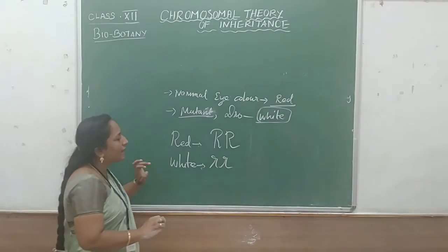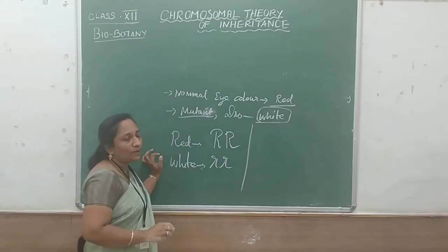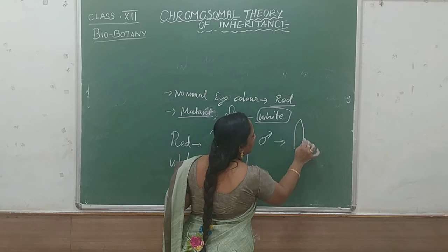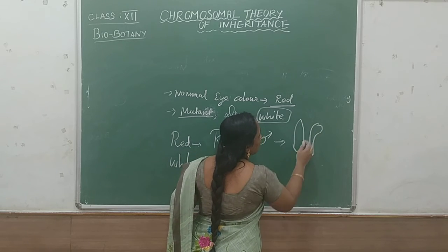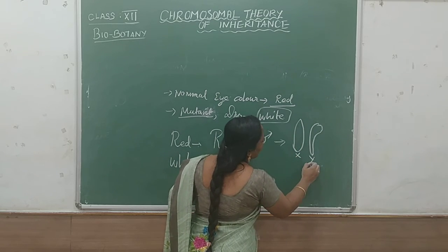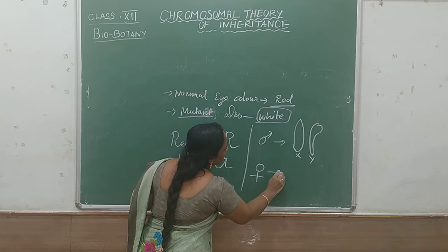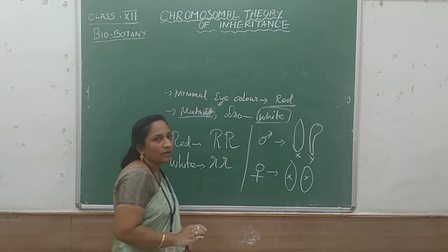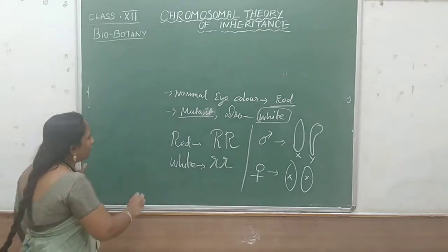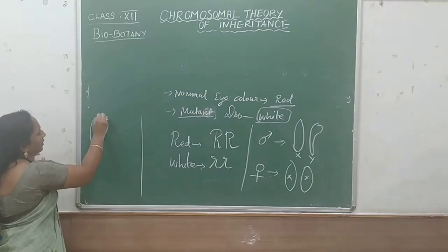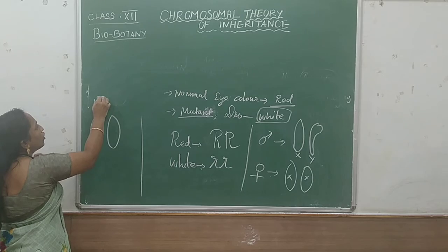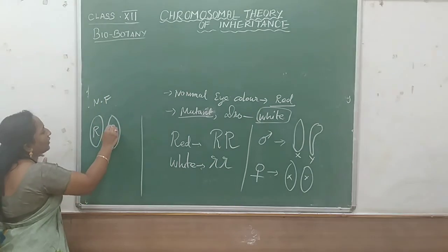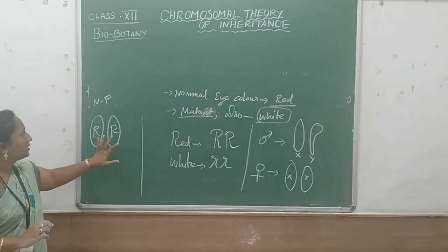Understood, children? And the sex chromosomes will be expressed. Already I told you, male will be expressed with one X chromosome and one Y chromosome, and female with 2 X chromosomes. Now if it is normal, this is a normal female. If it has red eye, the gene will be like this.